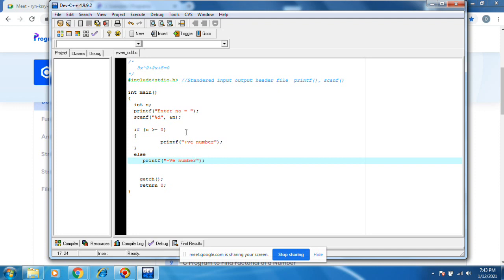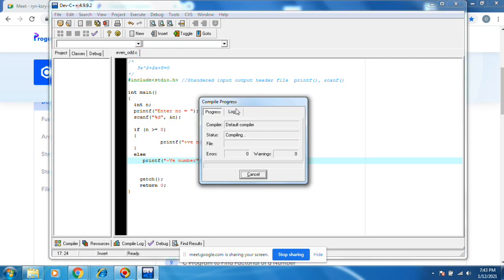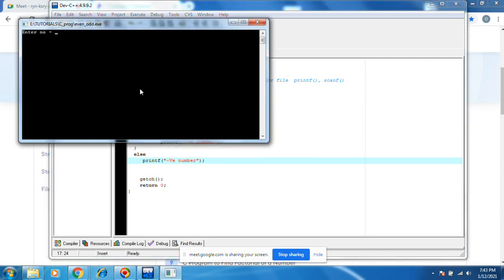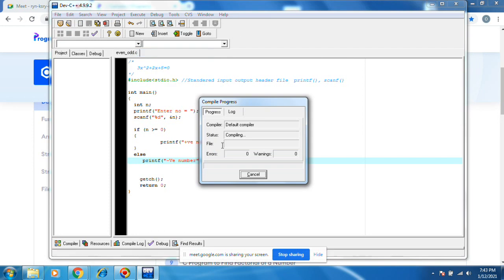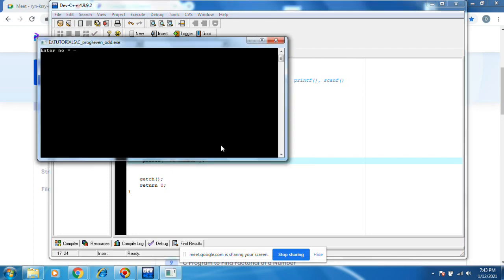Simple. Execute, compile and run. 34, positive number. You see positive number here. Execute, compile and run. Minus 37, 65, negative number. Correct?